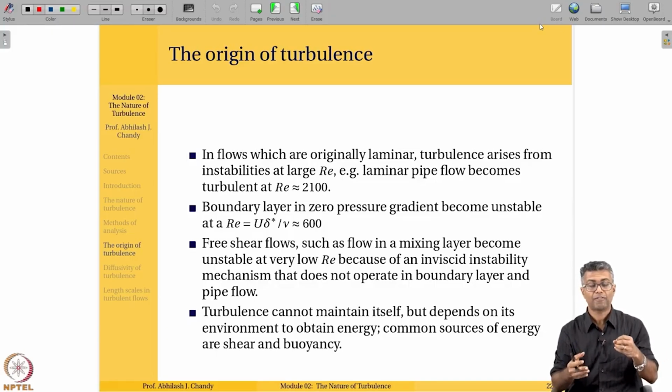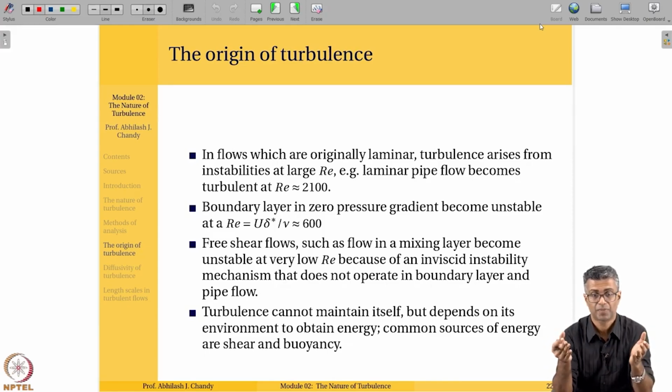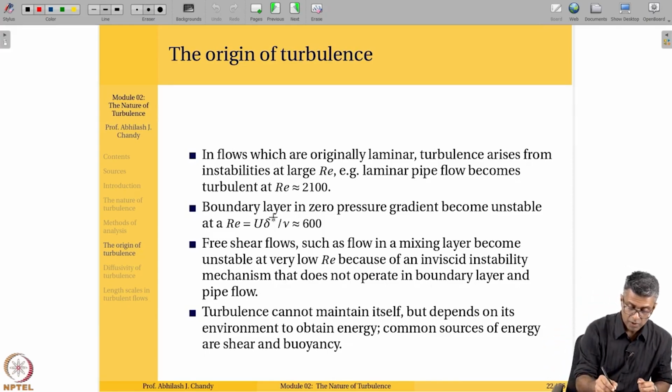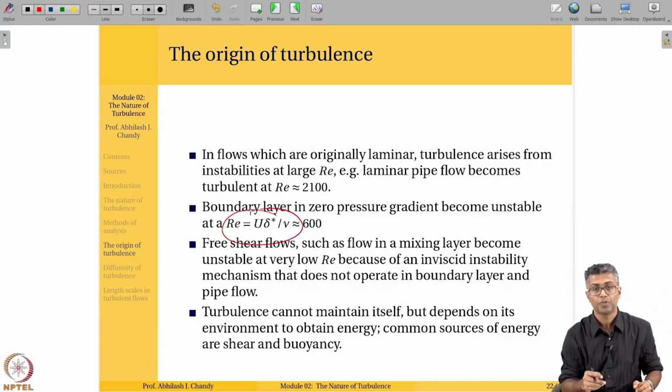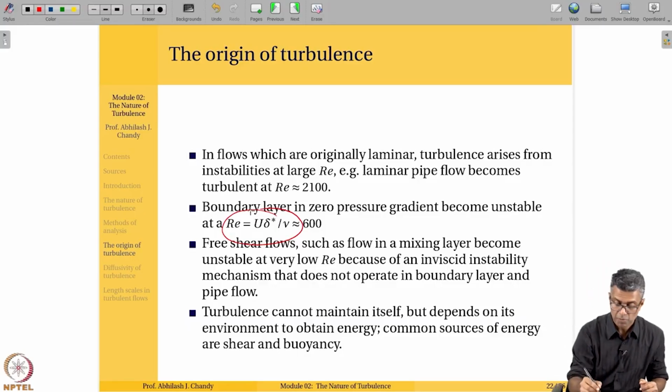And if you have a boundary layer or flow over a flat plate, the boundary layer at say 0 pressure gradient, that becomes unstable at a Reynolds number of approximately 600. So that is what is listed here, where you have the Reynolds number of U delta star over nu approximately equal to 600. Delta star being the displacement thickness.